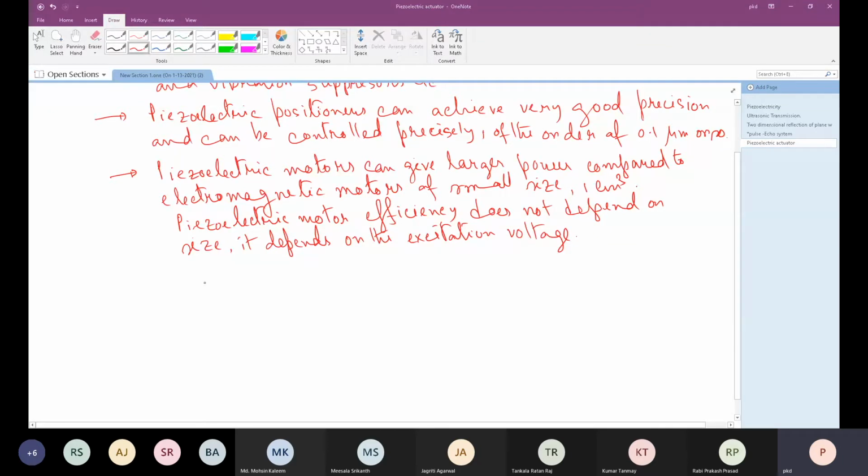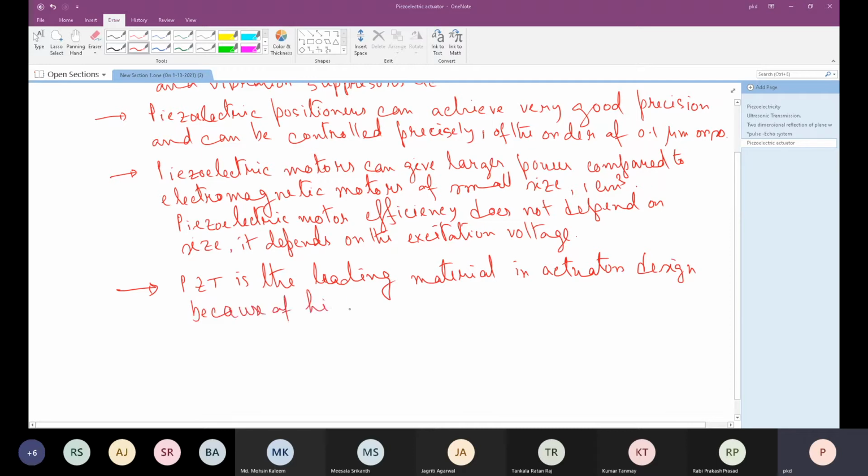PZT is the leading material in actuators because of its high piezoelectric coefficient, because of the large piezoelectric coefficient.